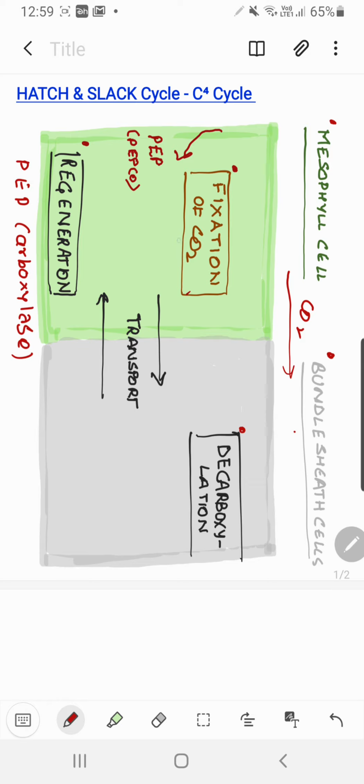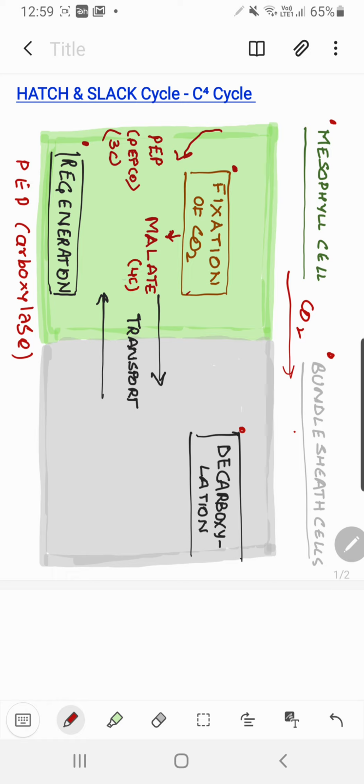Once the CO2 is fixed, PEP, the phosphoenol pyruvate, converts into malate. Malate is a 4 carbon atom compound, and PEP is a 3 carbon atom compound. After fixation of one molecule of CO2, it converts into malate.